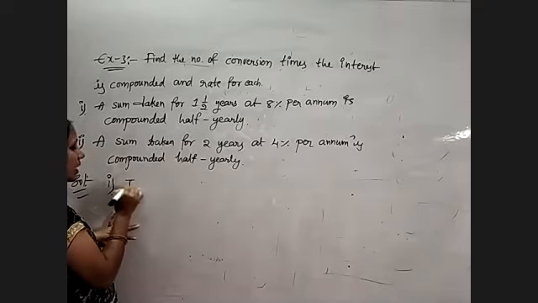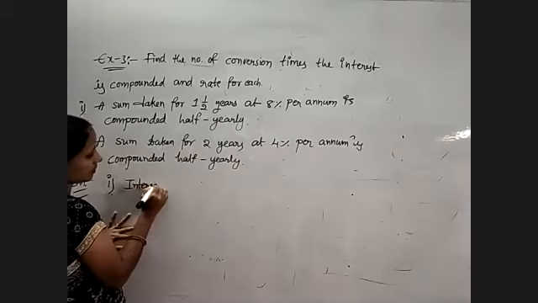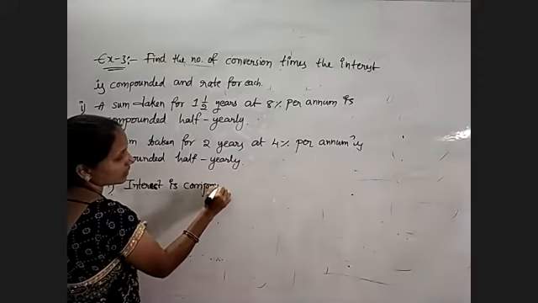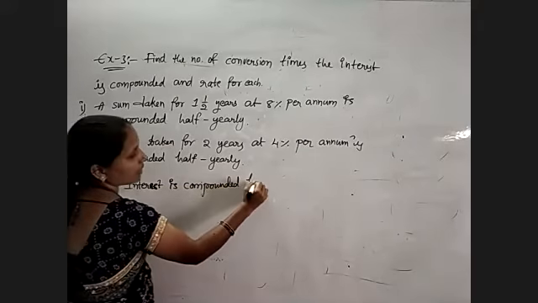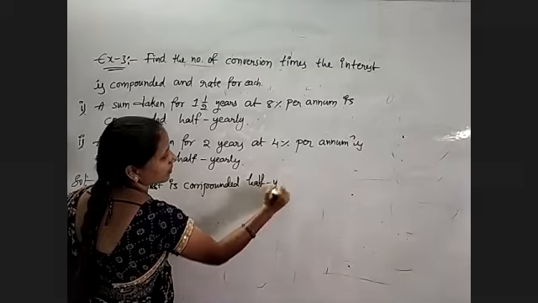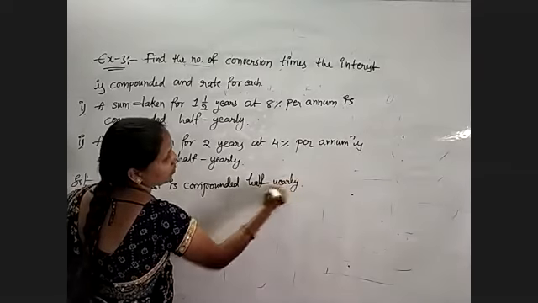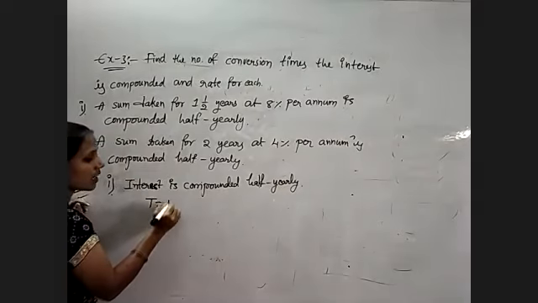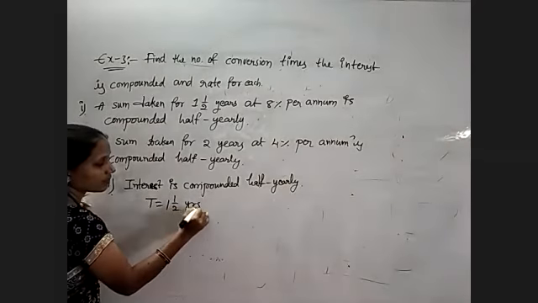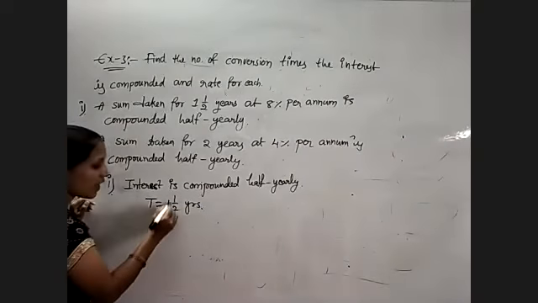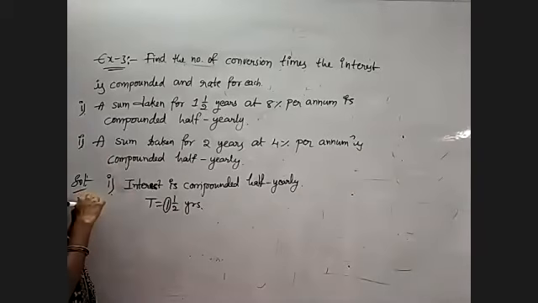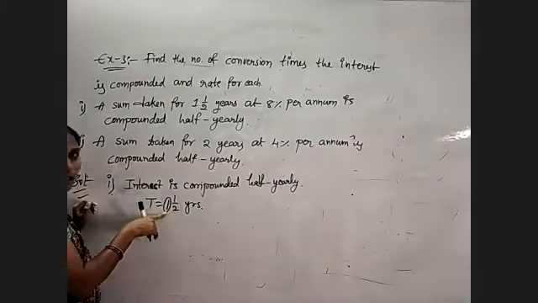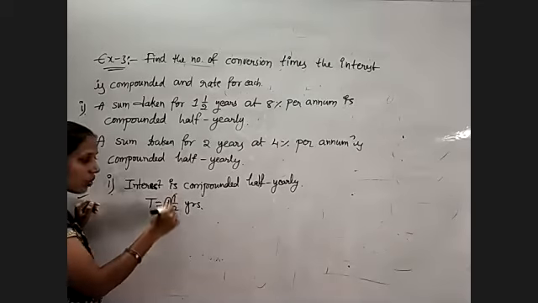So for the first condition, interest is compounded half yearly. Given time t is equal to 1 1/2 years. See, in 1 year, how many conversion periods will you get? 2 conversion periods, and again one more half year is there.